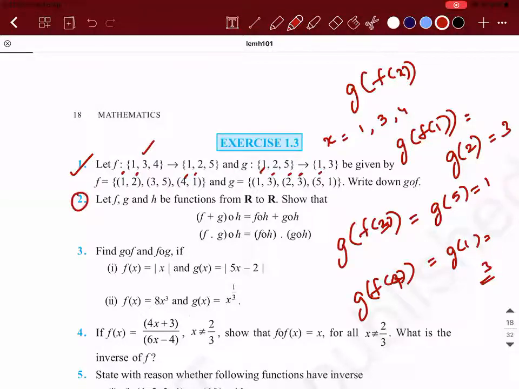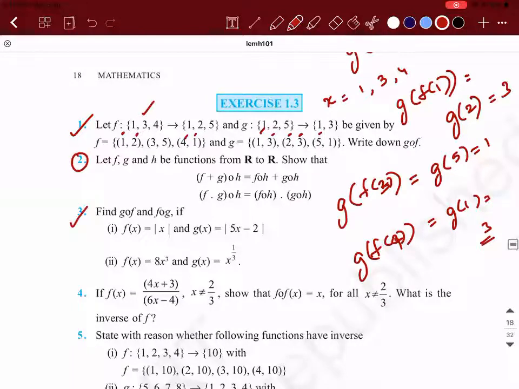So let's go with easy ones first. Third, find g circle f and f circle g if f of x is equal to mod x and g of x is equal to mod of 5x minus 2. Solve it.